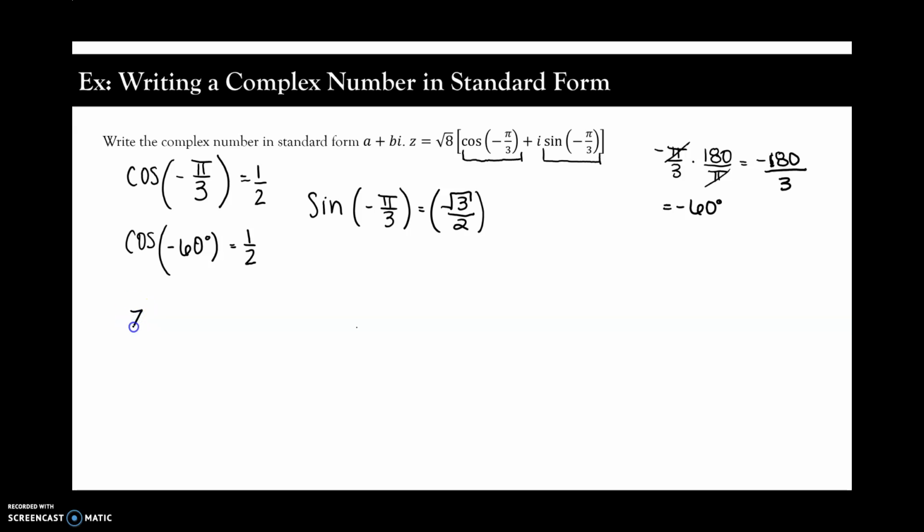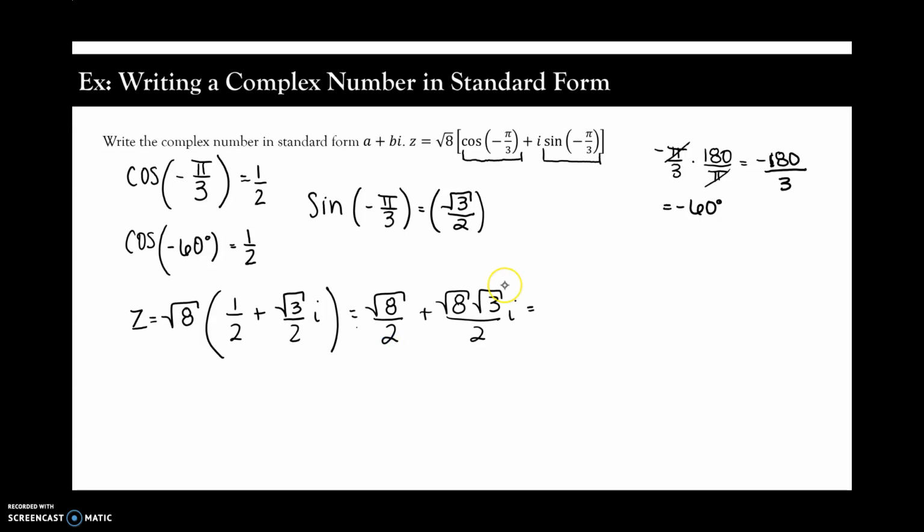So that means we have the square root of 8 times half plus the square root of 3 over 2 i. And that's going to equal the square root of 8 over 2 plus the square root of 8 times the square root of 3 over 2 i.